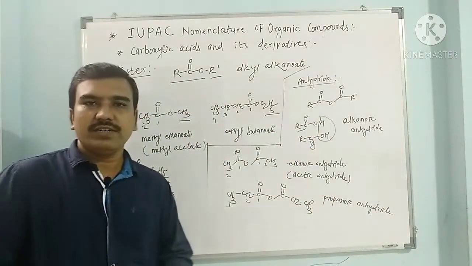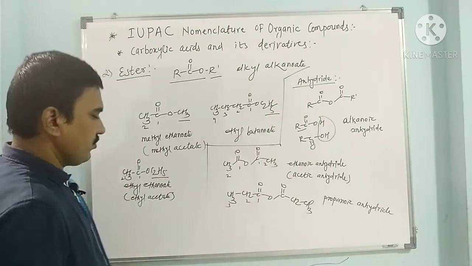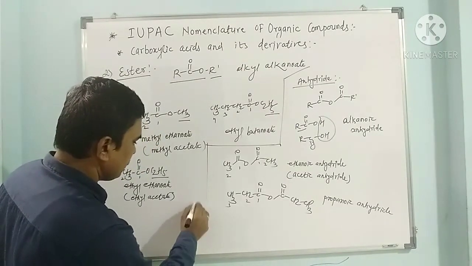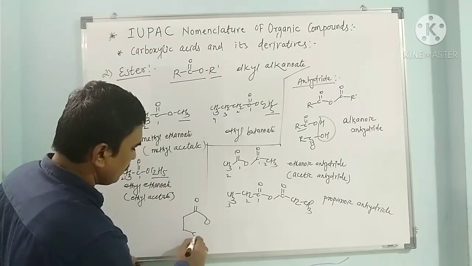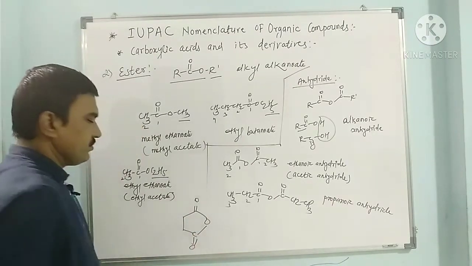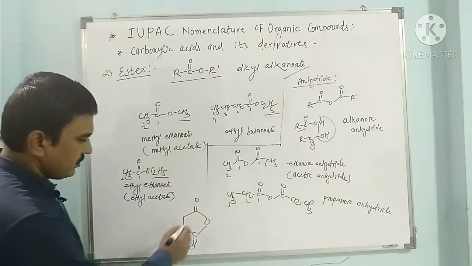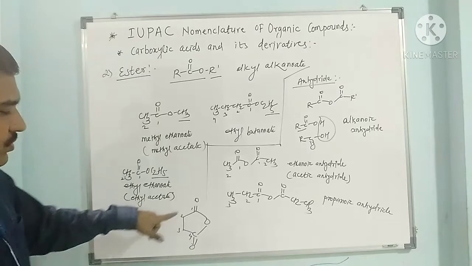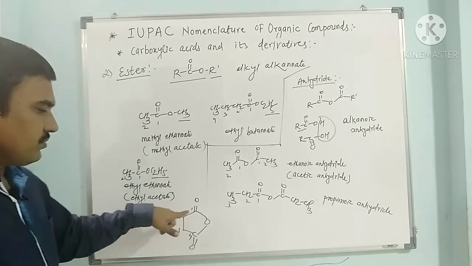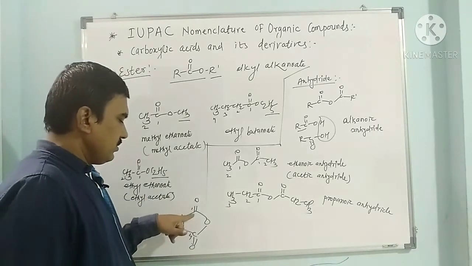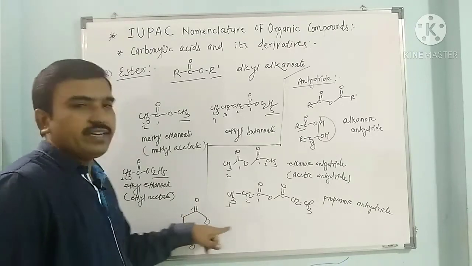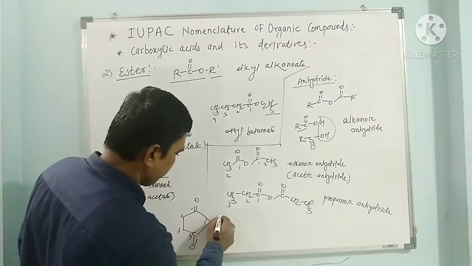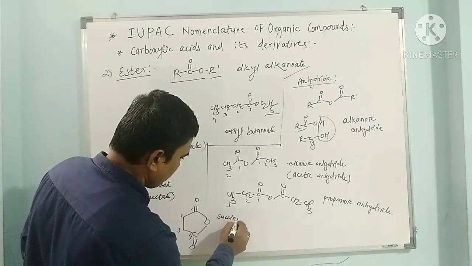One cyclic anhydride we have to see is from succinic acid, CO, O, CO. This is 1, 2, 3, 4. This is actually 1,4 butanedioic anhydride, or simply it is called succinic anhydride.